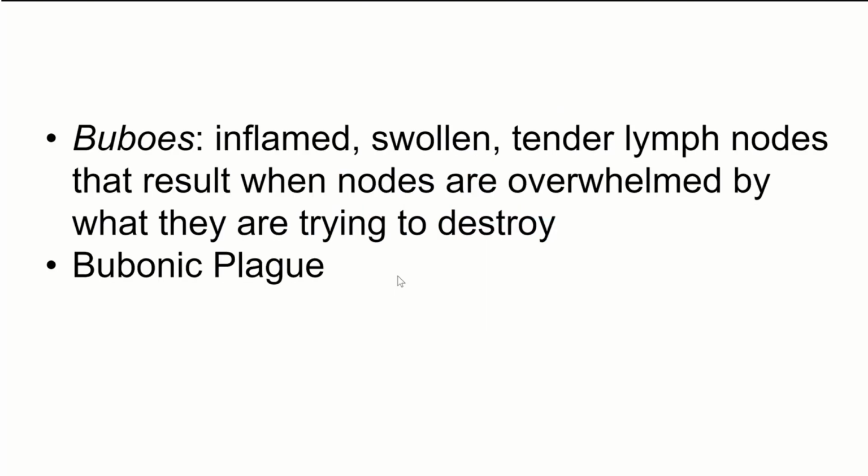So now we're going to talk about some disorders of the immune system, starting with bubonic plague. Bubonic plague gets its name from buboes, which are inflamed, swollen lymph nodes.